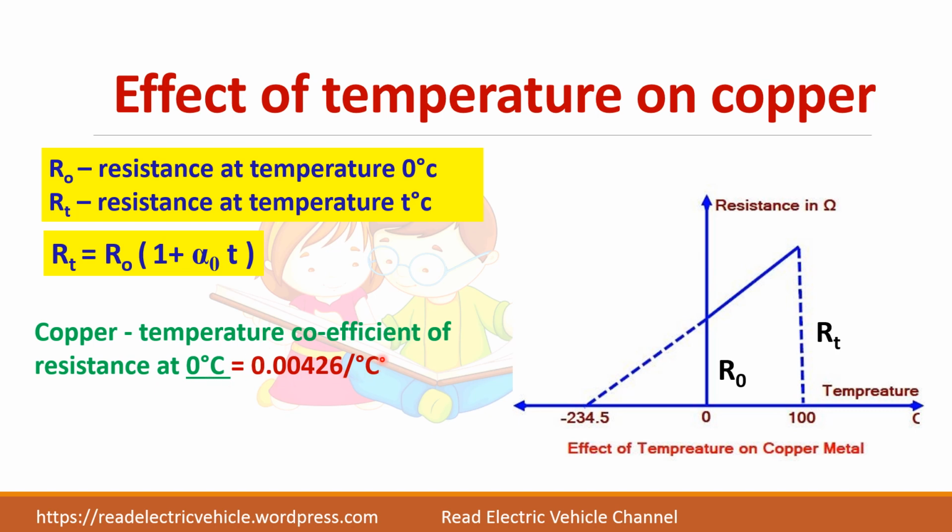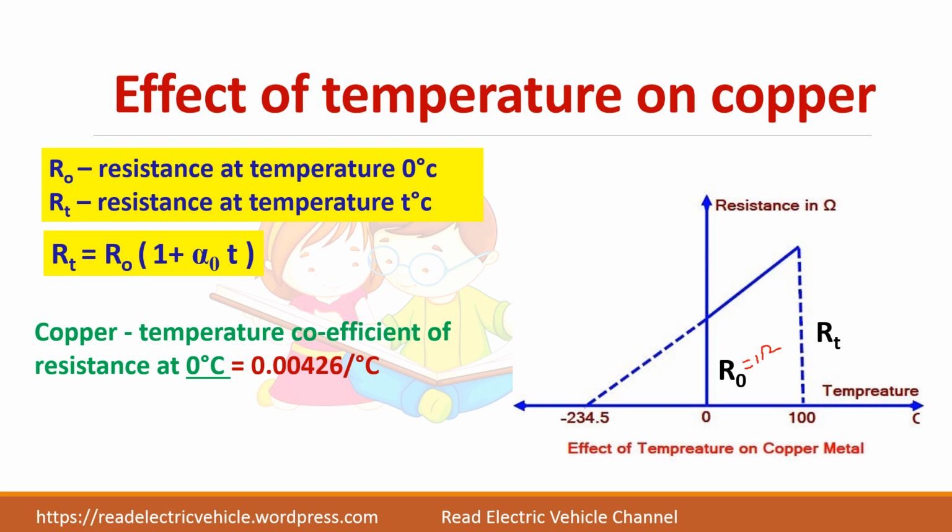So what does this indicate? It means that for every 1 degree, this value gets added to the original resistance. Suppose, let me take R naught is equal to 1 ohm.